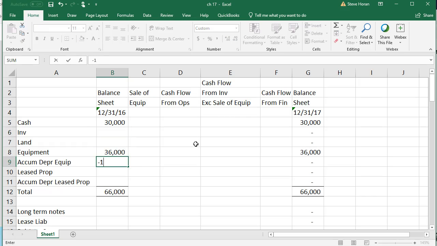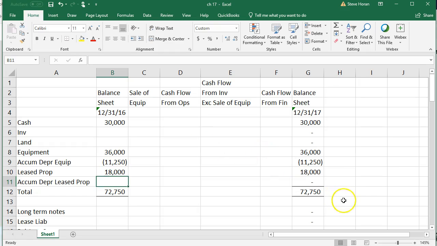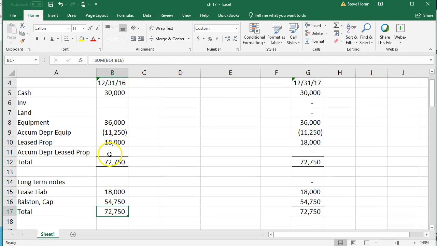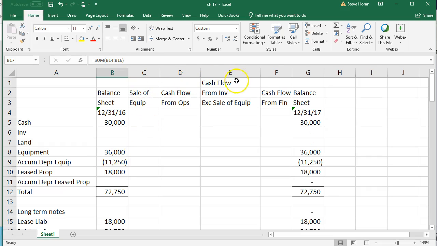We had accumulated depreciation of 11,250, leased property of 18, and then we get down to our lease liability of 18, and then we have capital of 54,750, and we balance. Everything is in balance, so we're in good shape. And now we have some columns here for the various things that have happened.